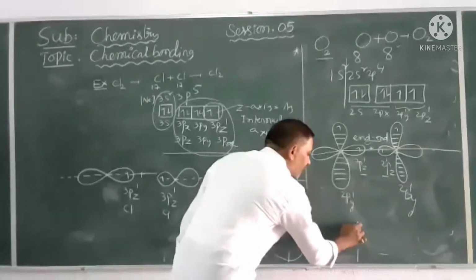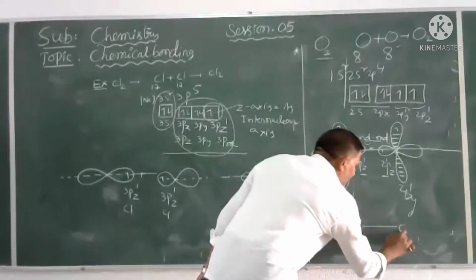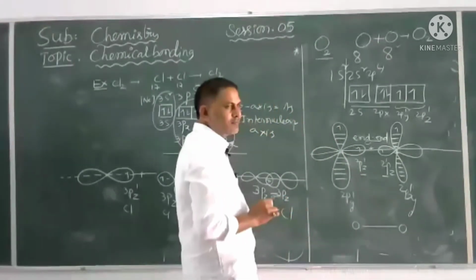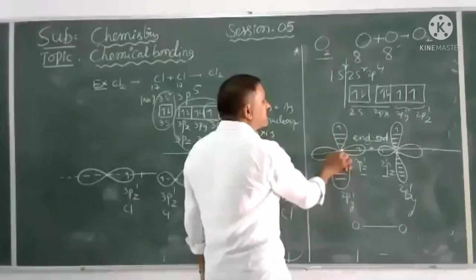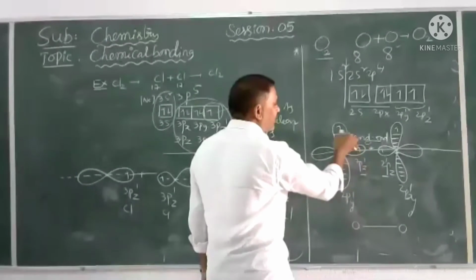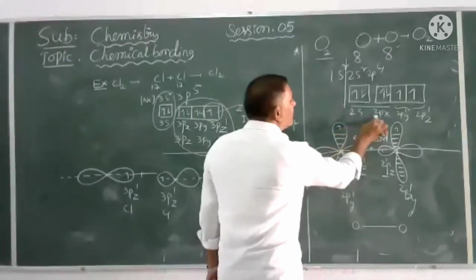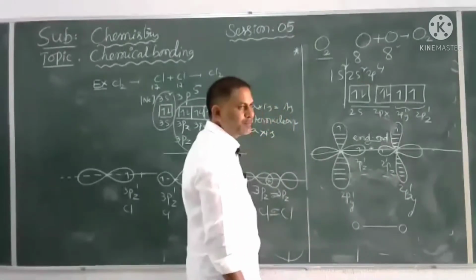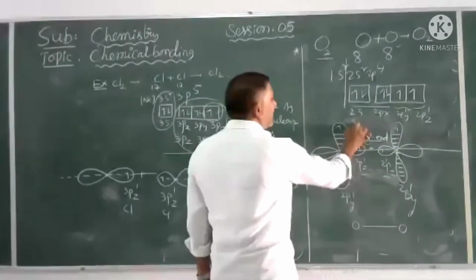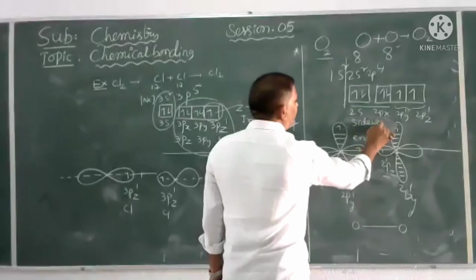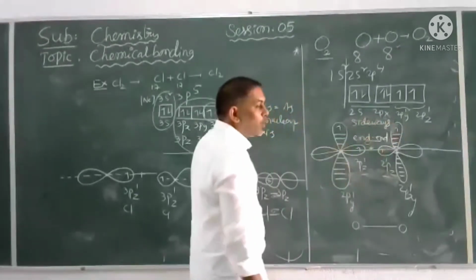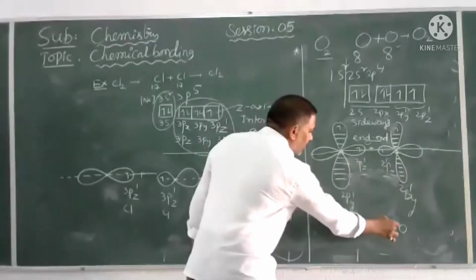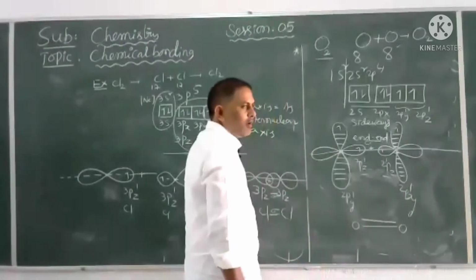After formation of the oxygen-oxygen end-to-end overlapping, the electrons around the oxygen nucleus continuously revolve either above the plane or below the plane, and sideways overlapping takes place. This lateral overlapping forms a pi covalent bond.